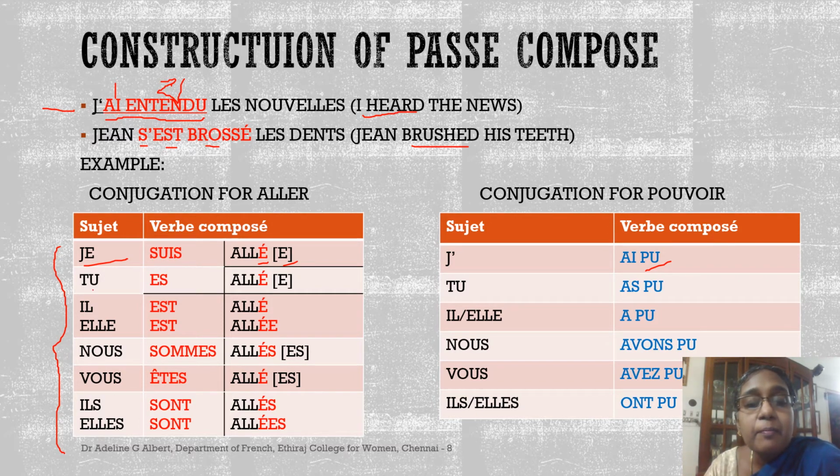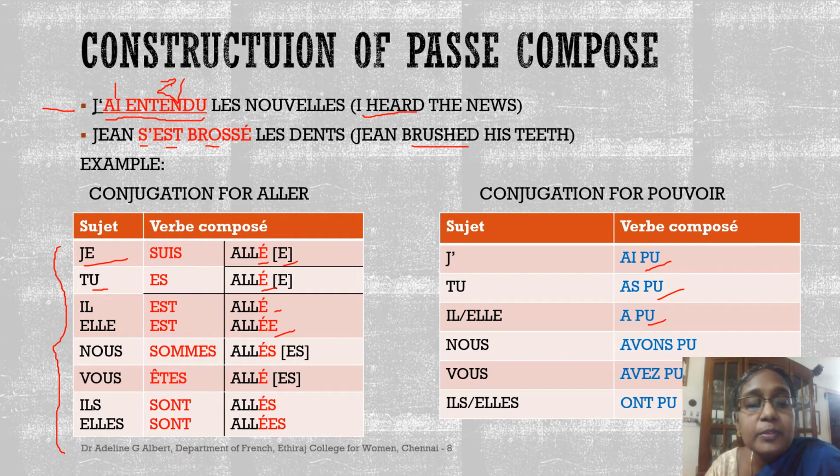Tu can be a boy, tu can be a girl. Depending on the context, I have a single e or a double e. Avoir verbs don't have this problem. Il is a boy, so I don't need to worry. It is only one form. Elle is a girl, so I have a double e. For the avoir verbs, there's no such problem.